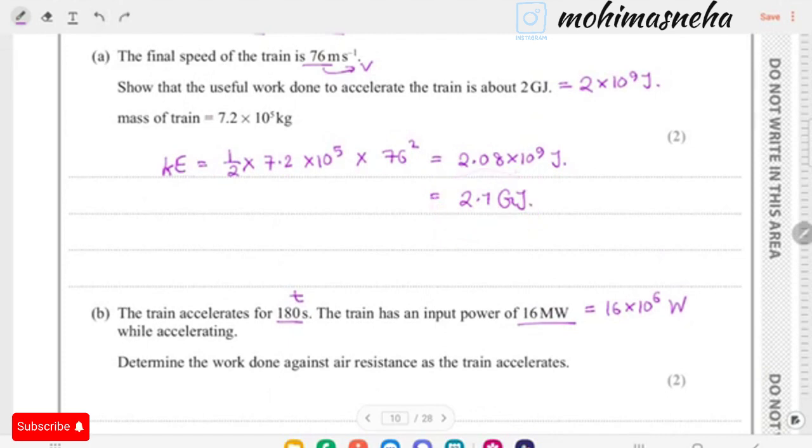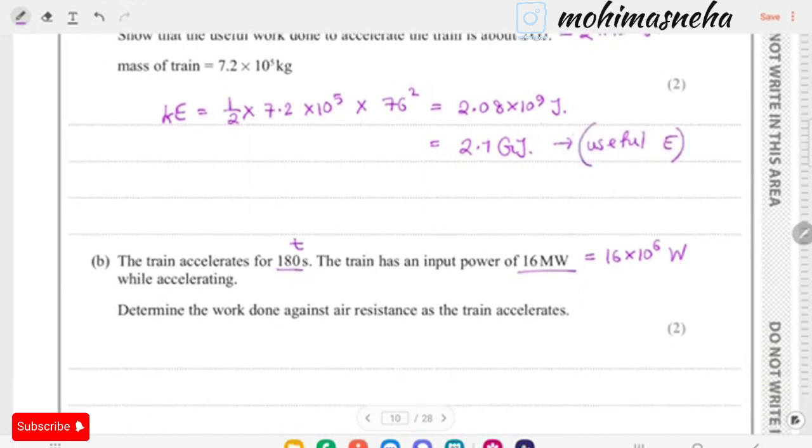Sorry, no wait. 2.1 G joules was the energy that was used by the train, so this is the useful energy, and some of the energy was obviously wasted in order to do work against the air resistance.